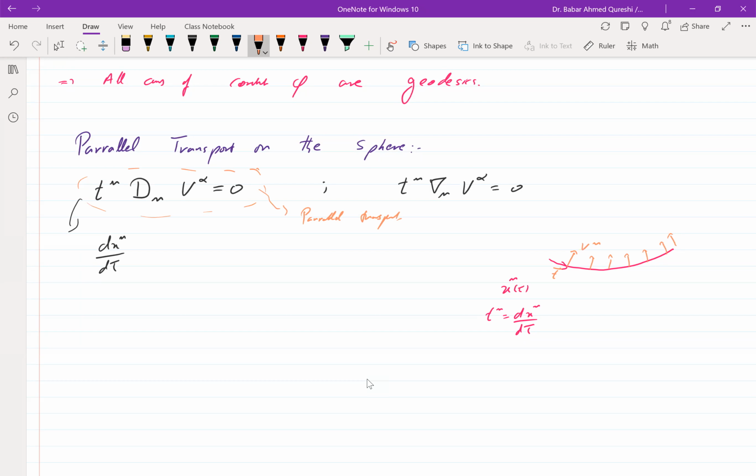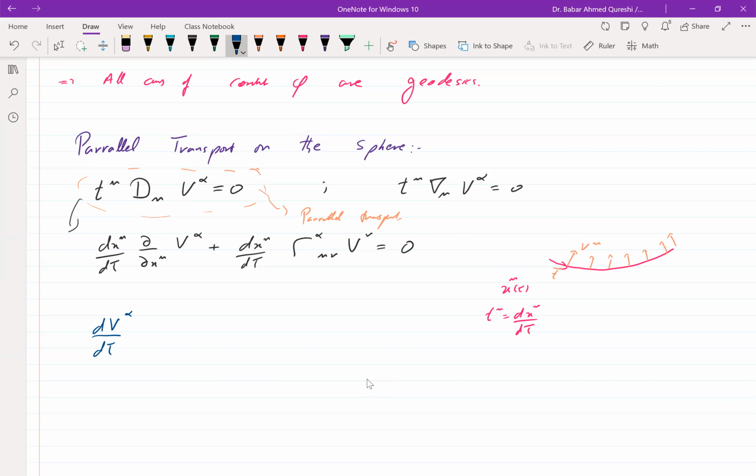So I have d by dx mu of v alpha plus t mu, so I have dx mu over d tau, and gamma alpha mu nu v nu is 0. This chain rule gives me this equation.